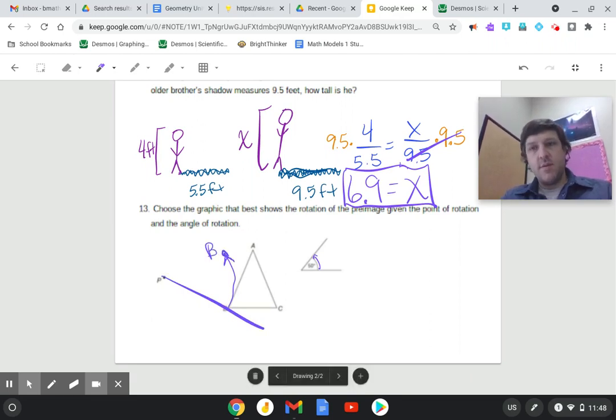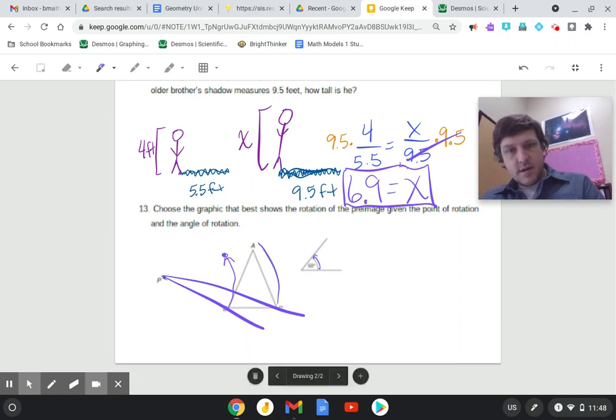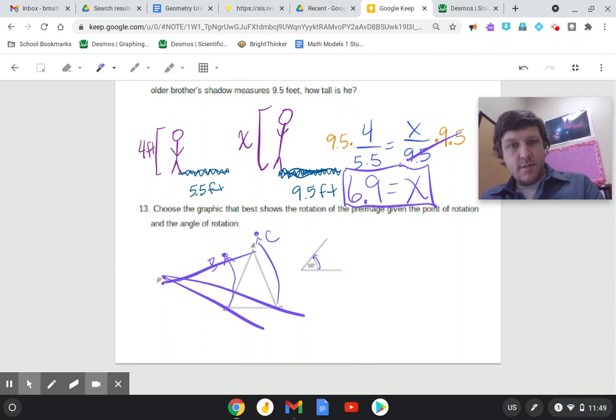What I'm telling you is you're just going to be looking at pictures and picking where those points should be. Point B would be maybe somewhere around here. Point C would be, again, maybe somewhere around here. And then point A would be somewhere maybe up here. It's kind of hard to see, but I don't want you to sweat too much on this.